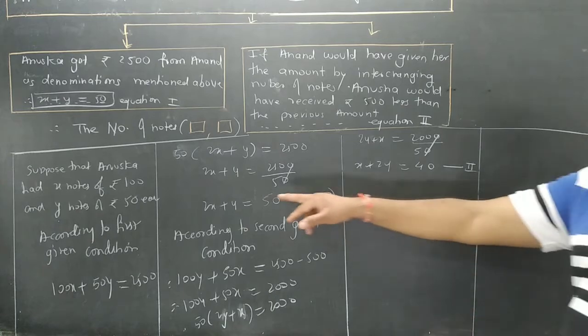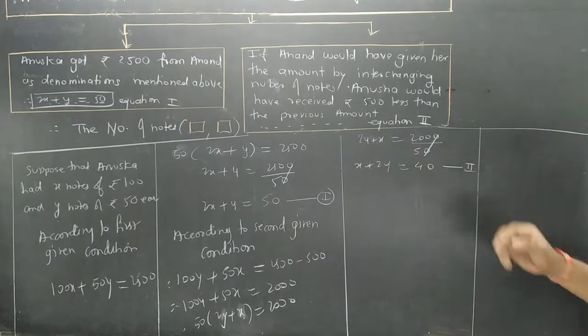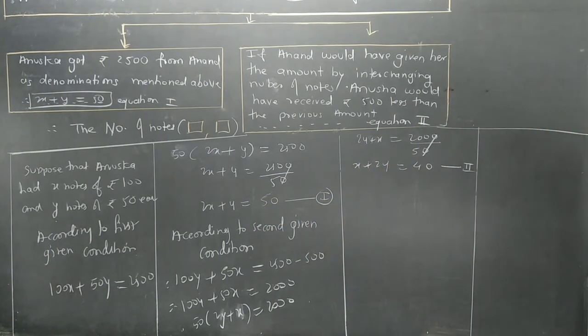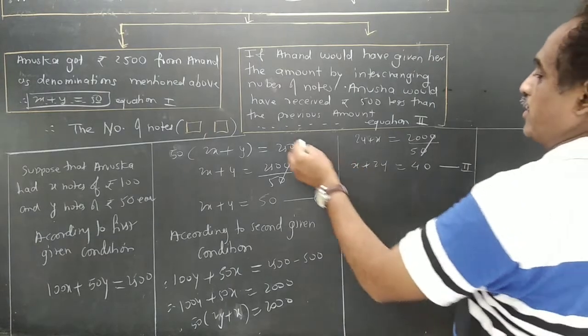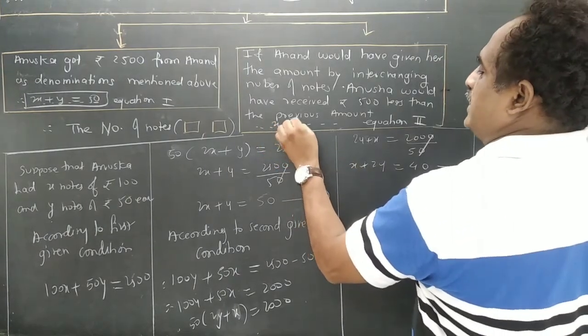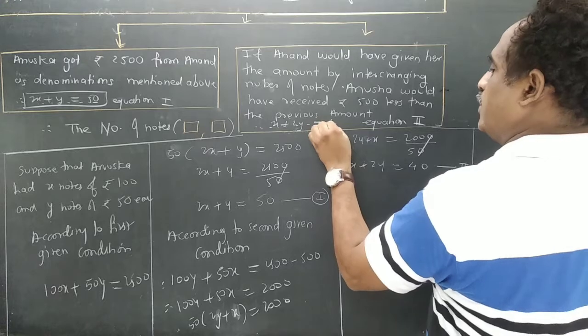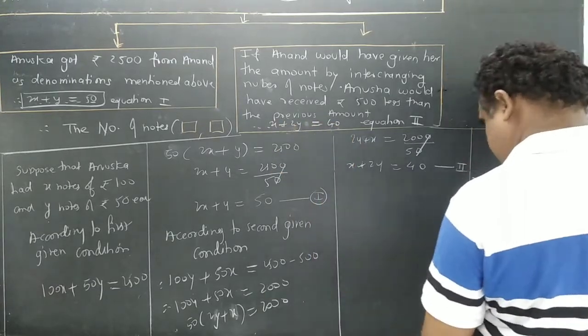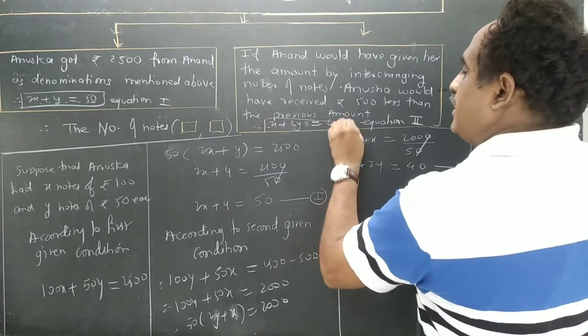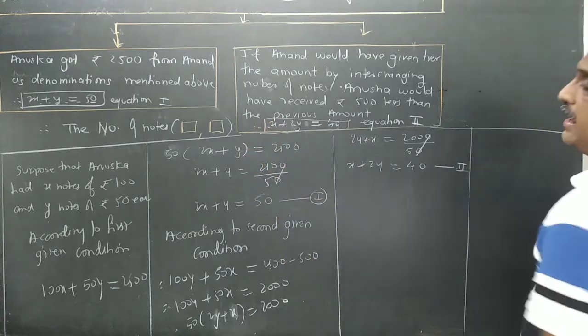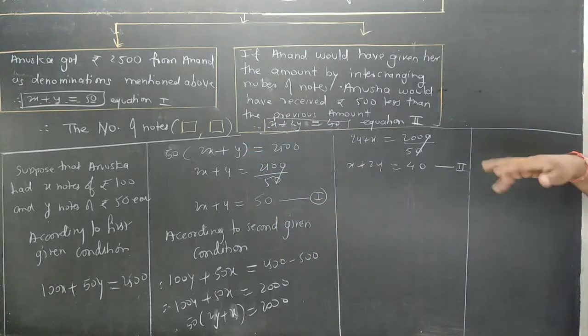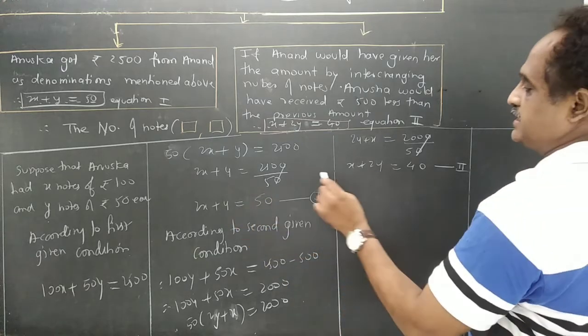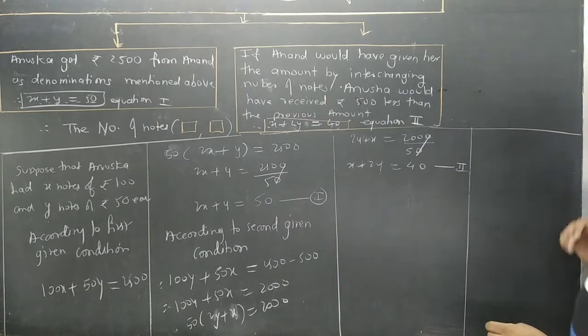So we got 2x plus y is equal to 50 and x plus 2y is equal to 40 as equations 1 and 2. You are going to write this answer over here in a box, and after that you are going to continue to solve these equations.